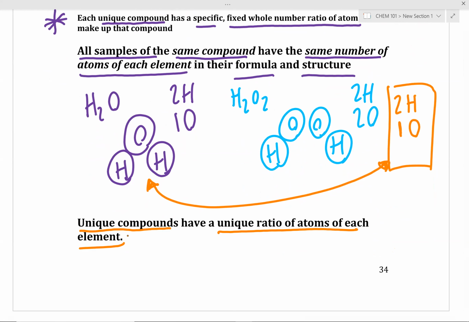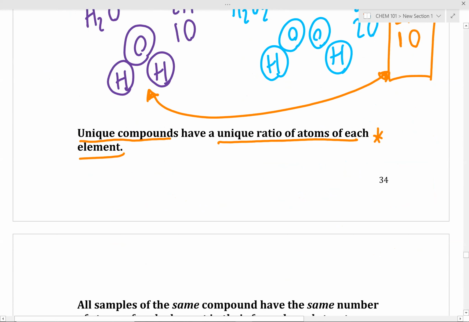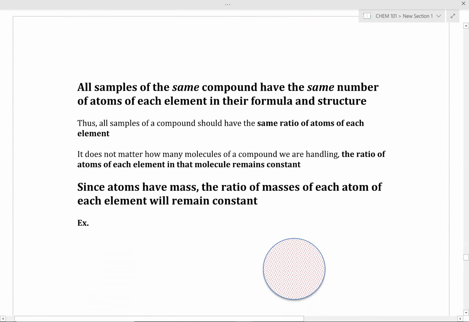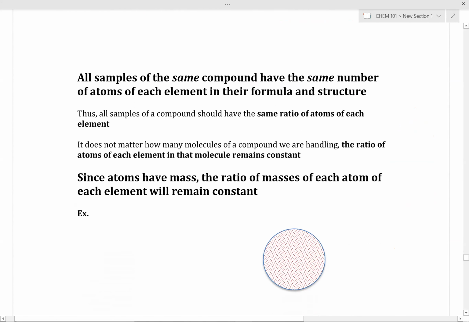Now, we're going to take this idea and expand it. So the next major elaboration of this law is the idea that all samples of the same compound will have the same number of atoms of each element. Okay? Now, if they have the same number of atoms of each element, for example, in H2O, we have 2 hydrogens and 1 oxygen, right?